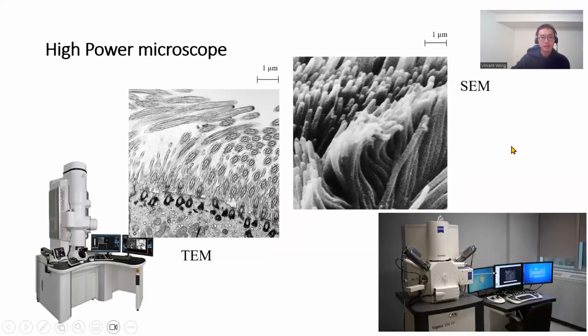But to see really small structures, the light microscope is not going to be enough. We have these things called the transmission electron microscope (TEM) or scanning electron microscope.